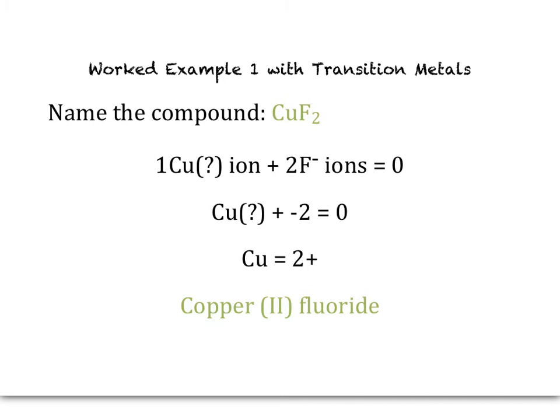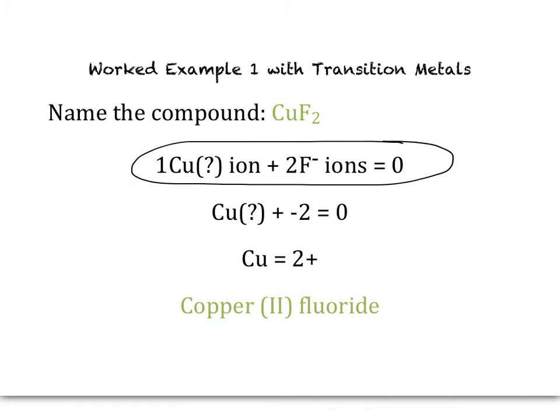So that means that one copper ion and two F1 minus ions must equal 0. In other words, copper plus minus 2 equals 0. Copper must be the 2 plus ion. It is therefore copper 2 fluoride.